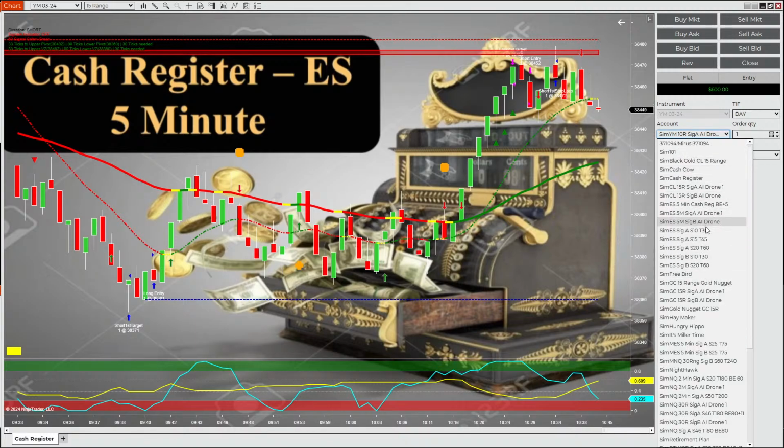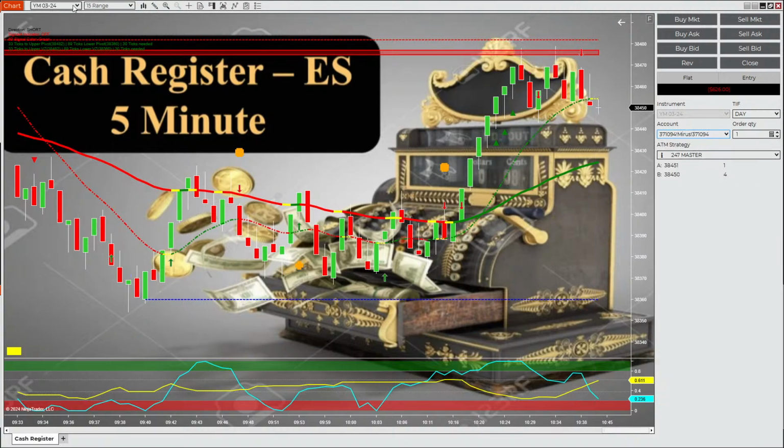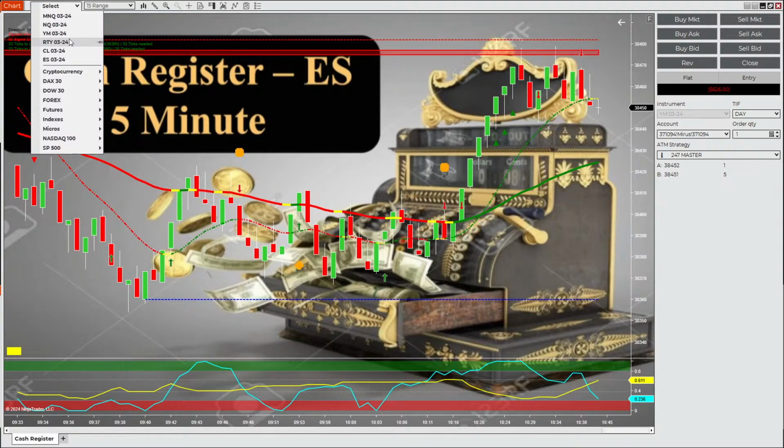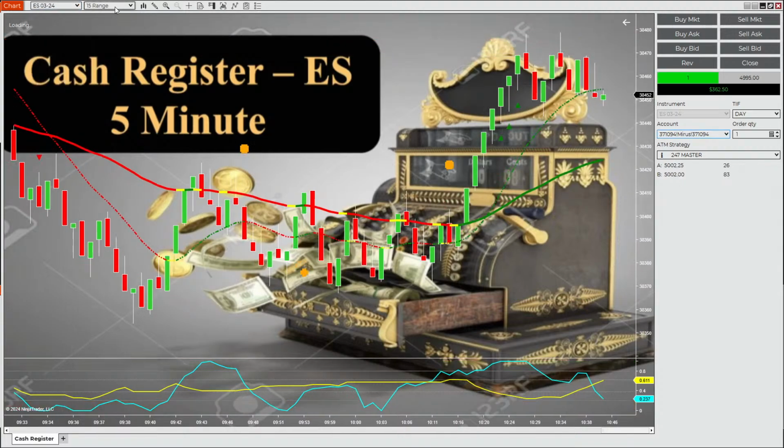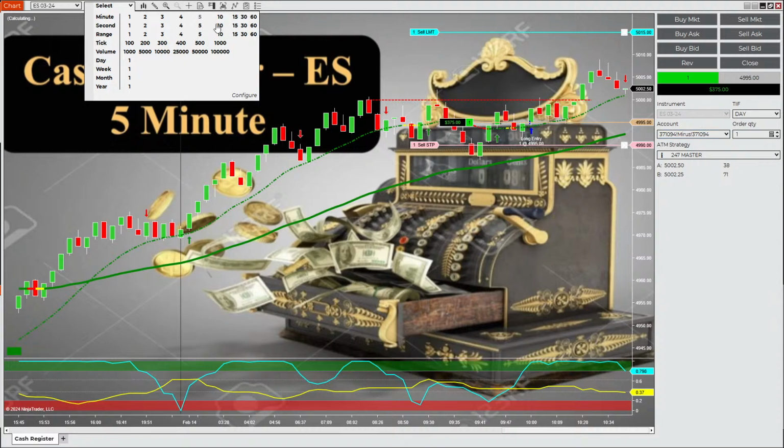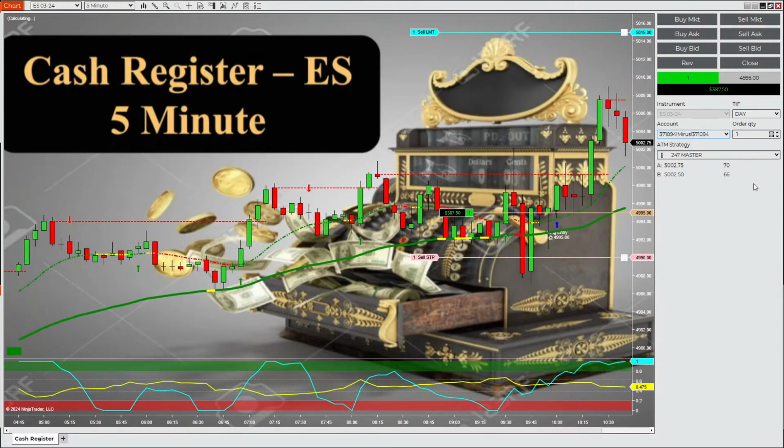ES 5-minute. Okay, great. Hope we can make some money on this trade.